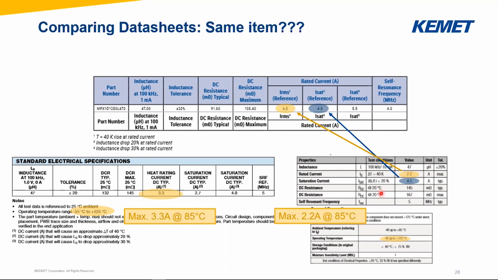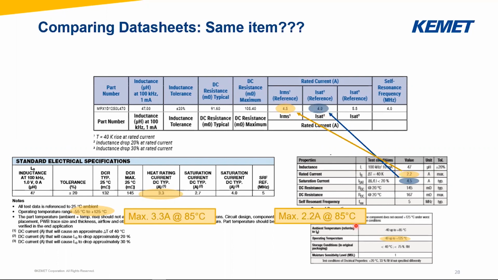So if you look at the 4.5 amps, yes, that's a nice product, but I can never use the 4.5 amps, because this means I need to cool it down to minus something degrees, and this will never happen. This is something which needs to be considered. These values are really constant and near each other, so this makes it possible to use this item maybe at 5 amps, depending on which temperature you have.